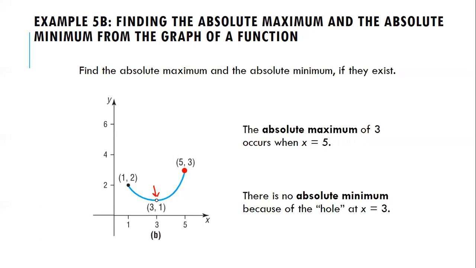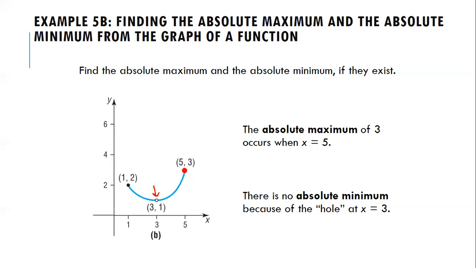Why does the hole matter? The hole means that there's no value there. There's a gap in the function. It's called a discontinuity. It's something that breaks your function up, and we will learn more about that when we get to rationals. Right now you're just analyzing it.